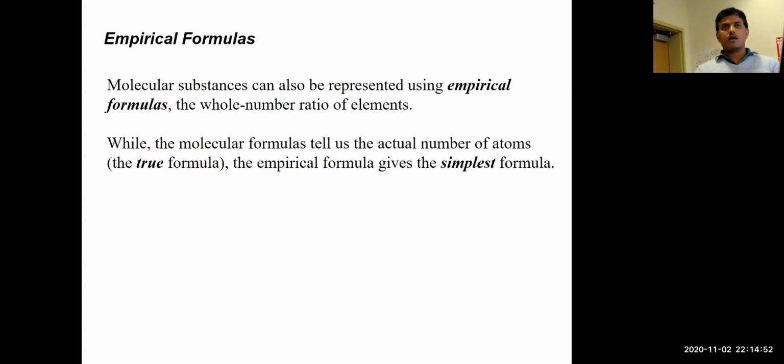Now and then you would come across this new word, maybe in here and maybe in organic chemistry class if you take it in future. Empirical formulas are an easier way of communicating the ratio of two or more elements connected to each other. What is the simplest ratio they exist in?